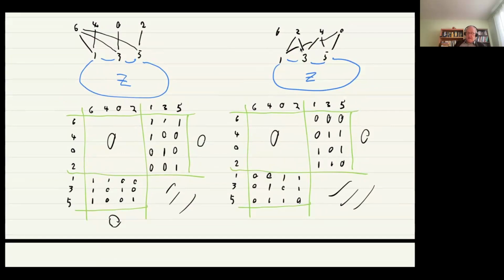Now you can extend this example. Brendan McKay and I wrote a paper on constructing cospectral graphs before most of you were born, I expect, and we discussed this there. This example can be generalized quite a bit. You don't actually have to have a zero matrix here.